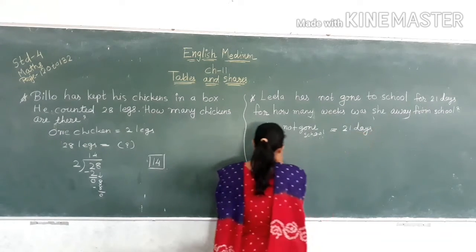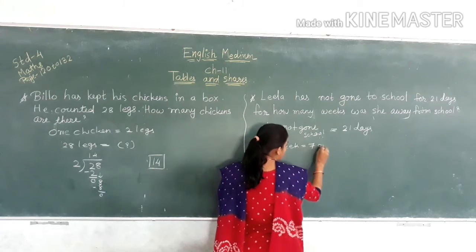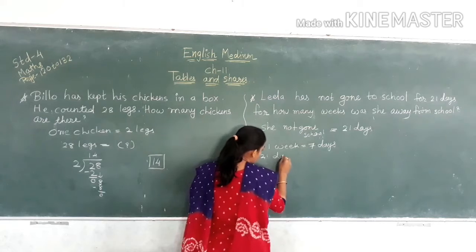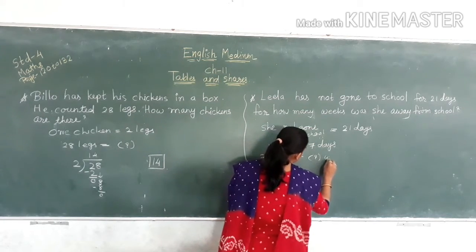Now 1 week is equal to 7 days. So 21 days is equal to how many weeks?